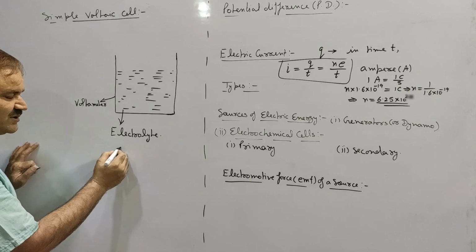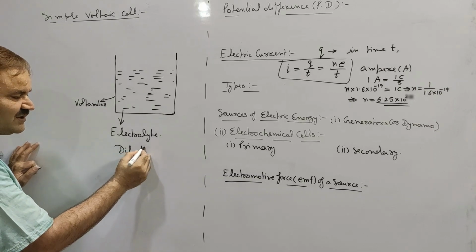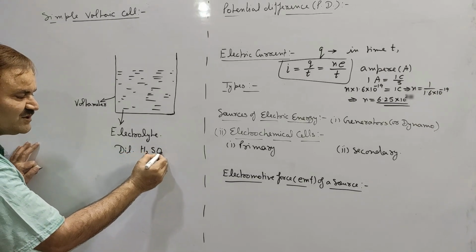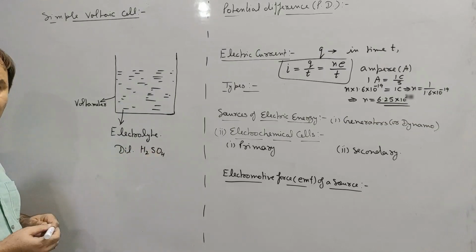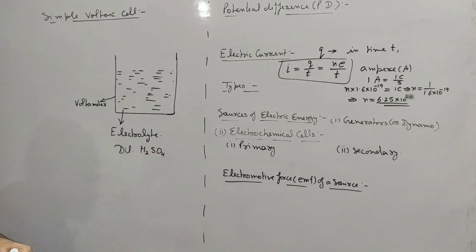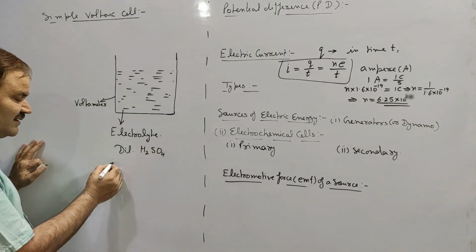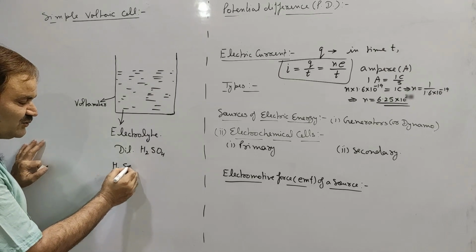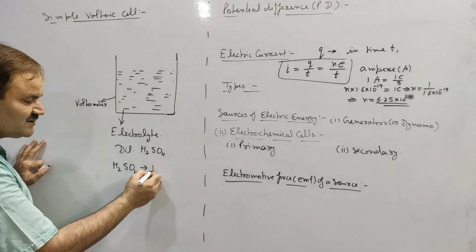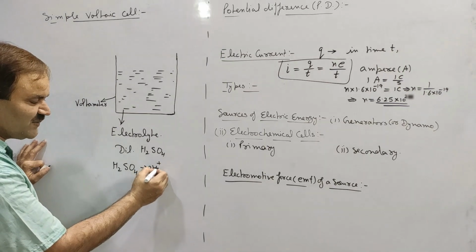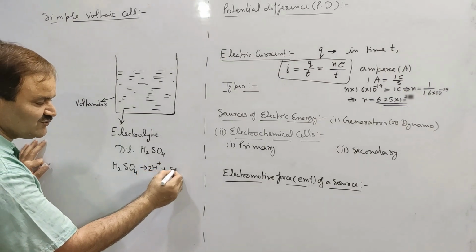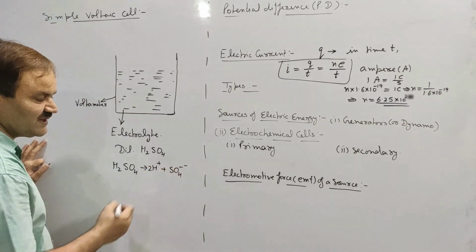Say dilute H2SO4: when H2SO4 in solid state is dissolved in a suitable solvent, it will decompose into two H plus and SO4 minus minus.